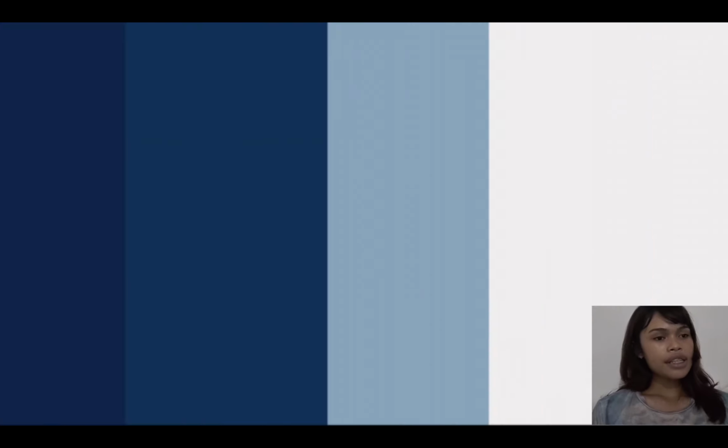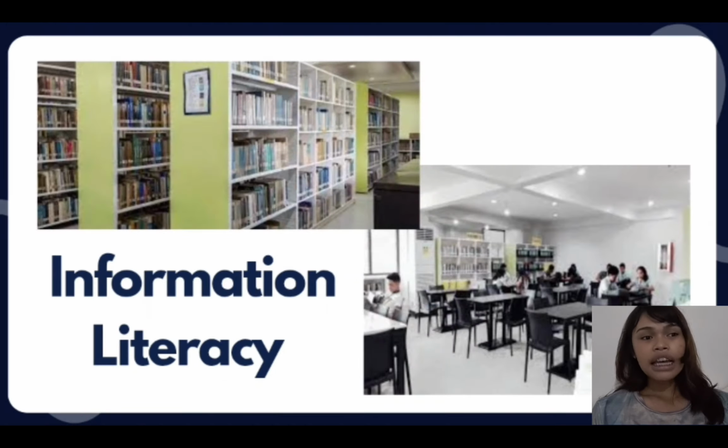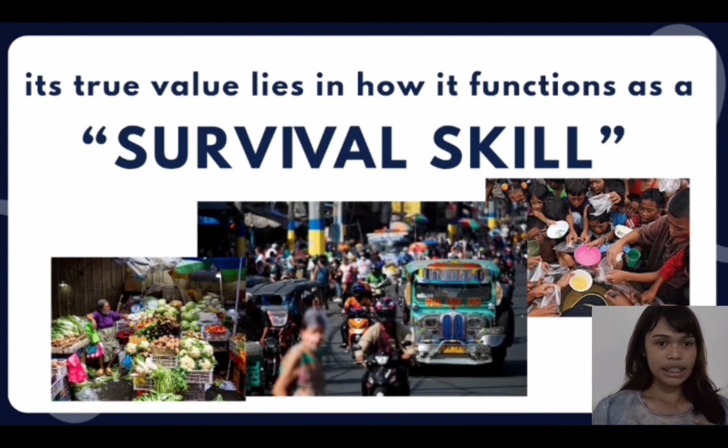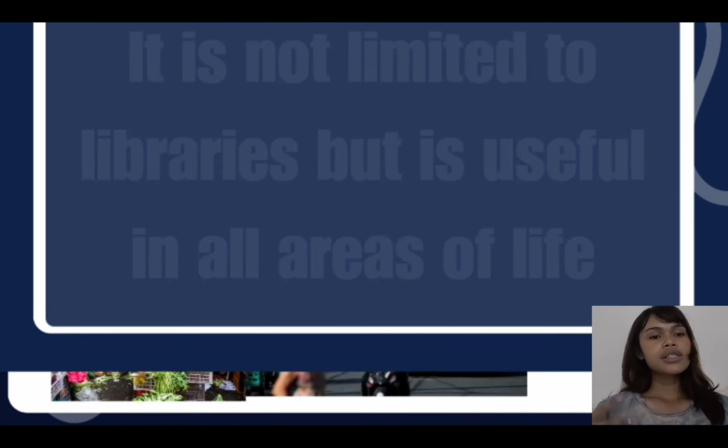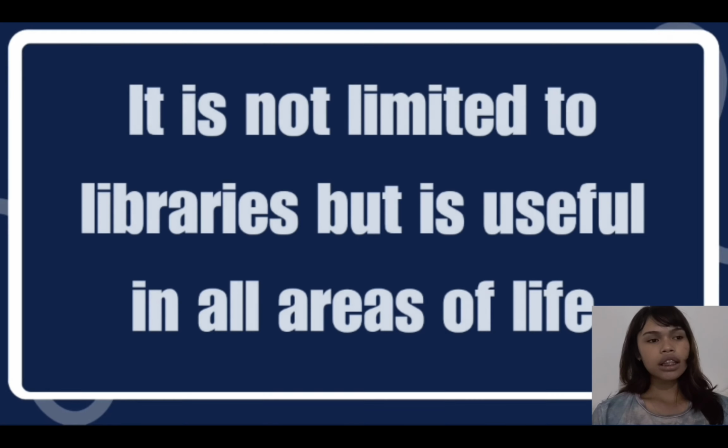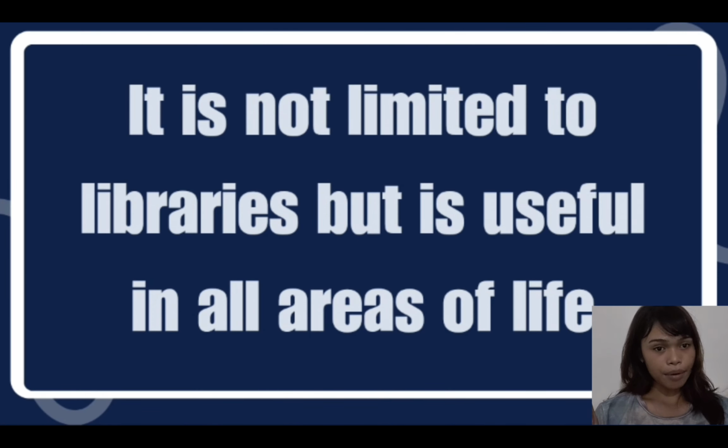While it is often associated with libraries, its true value lies in how it functions as a survival skill, helping people make smart and safe decisions in everyday life, especially in a world full of fake news and online information. So, information literacy is not limited to libraries, but is useful in all areas of life.